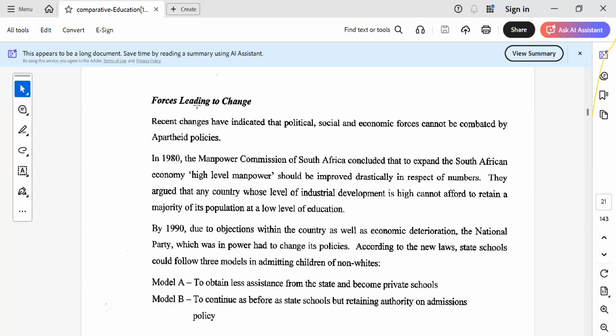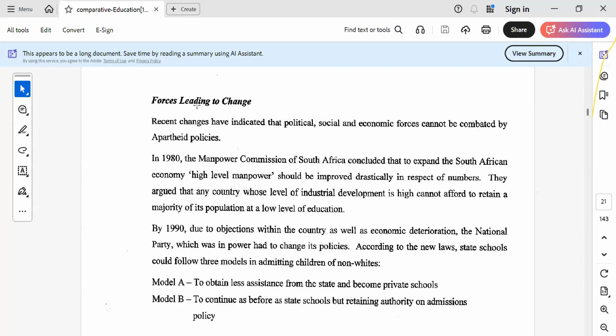They argued that any country whose level of industrial development is high cannot afford to retain a majority of its population at a low level of education. Here, the majority of the population is black, 71.2%, but they are keeping them in lower education.